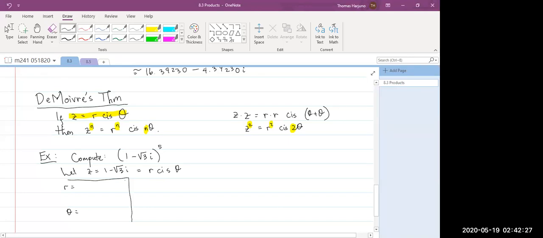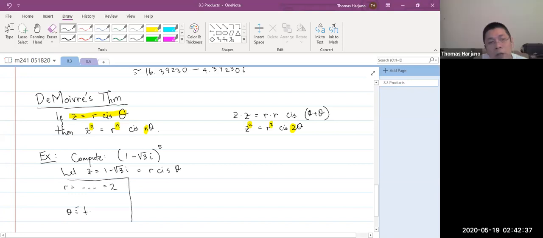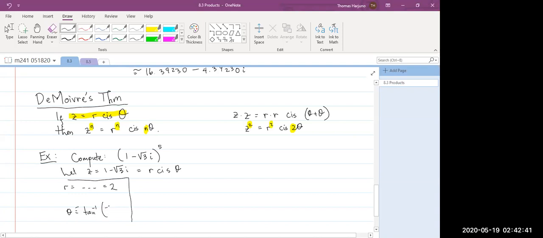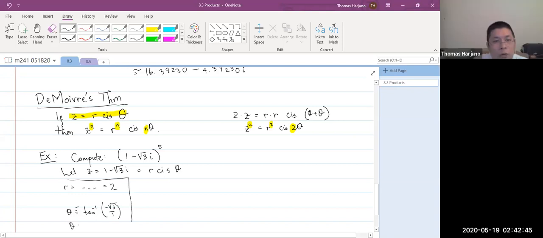2. 2. Okay, how about the theta? It's equivalent to tangent inverse of negative radical 3 over 1. That's what I think also.